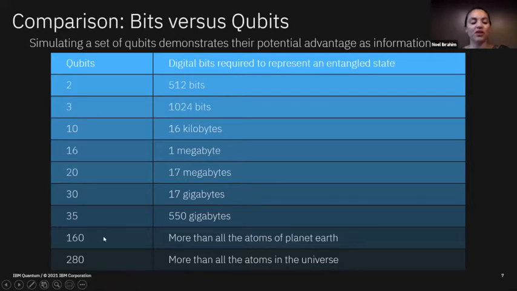And once you get up to 160 qubits, you need more than all the atoms on planet Earth to simulate those 160 qubits and their quantum mechanical properties, including entanglement. And as you see, 280 qubits would require more than all the atoms in the universe. So we can do calculations fundamentally more quickly with quantum computers than is possible with classical computers for certain types of calculations.